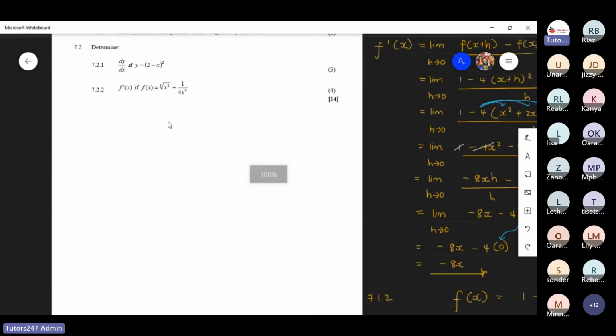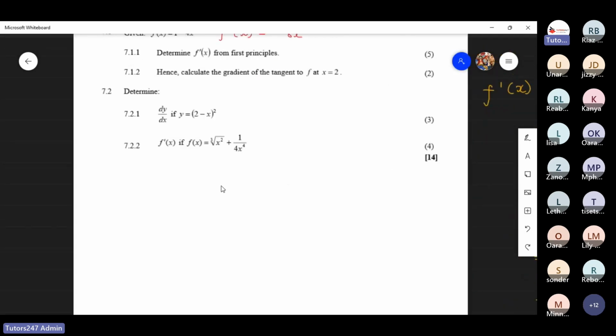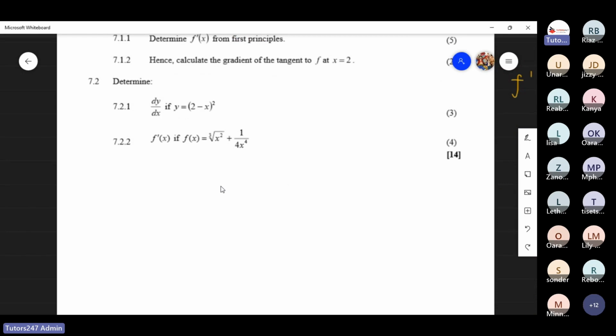So next we have question 7.2. Now question 7.2.1: Determine dy dx if y is equal to (2 minus x) all squared. So we now need to derive this equation of y, or we need to find dy dx.